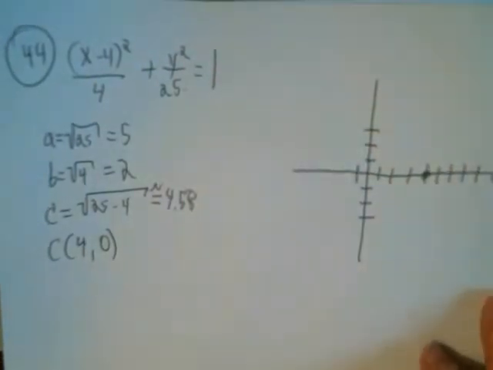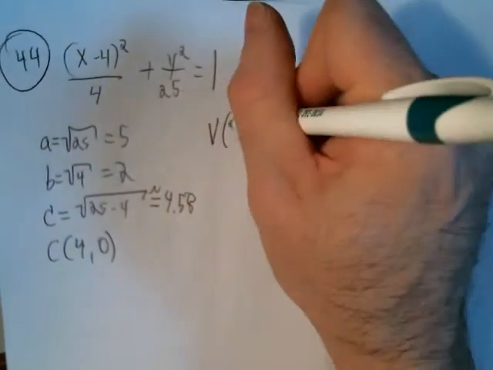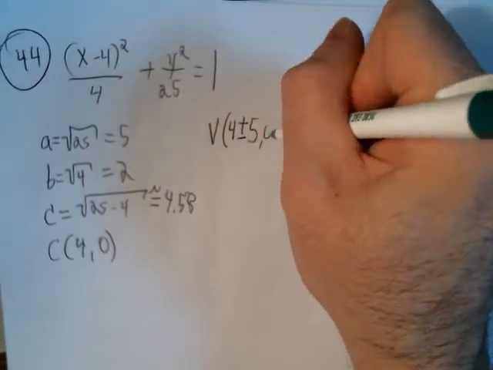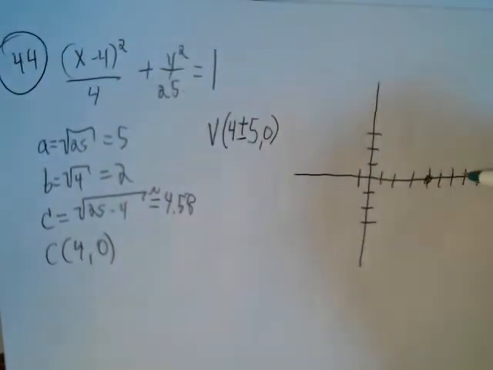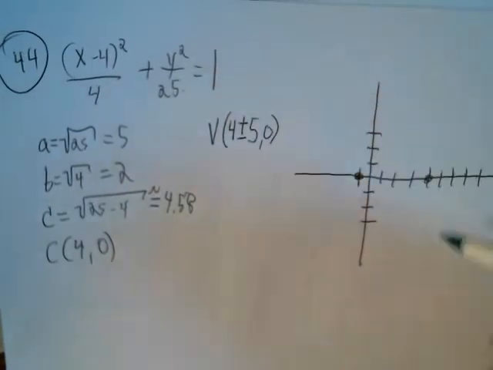Okay, so let's start getting our points. So the vertex, we're going left and right by 5. So 1, 2, 3, 4, 5, and then 1, 2, 3, 4, 5.